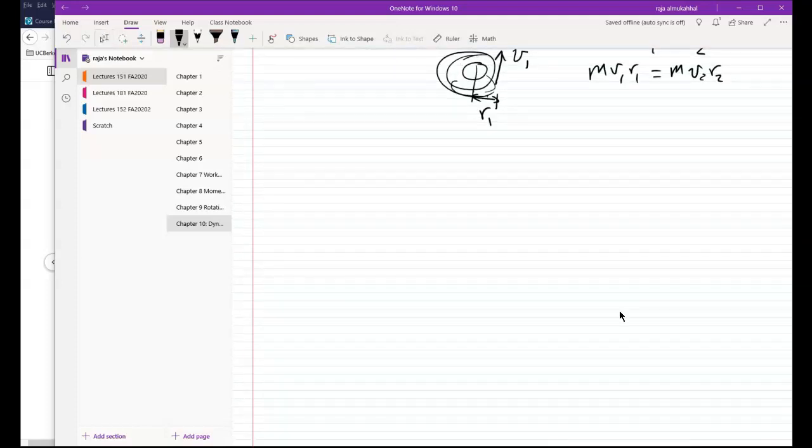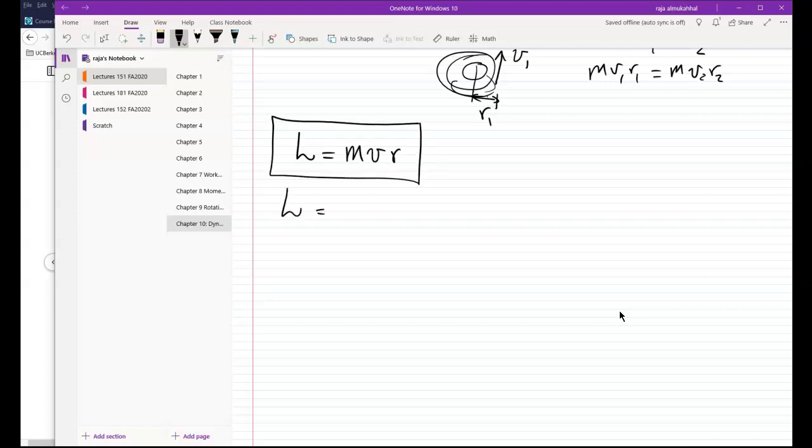Okay, so what is it equal to? Angular momentum, L, is equal, like I said, there are three versions for it. MVR, that's the first one. The other one is L equals I omega. I here is the moment of inertia, of course. Omega is the angular velocity.